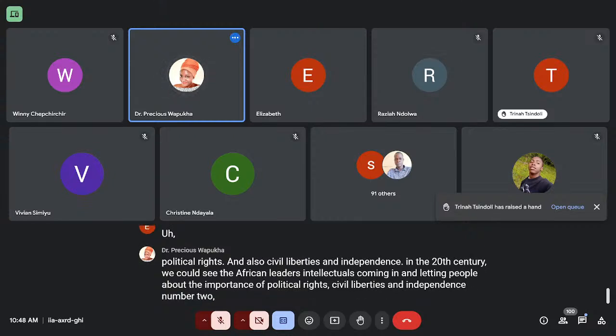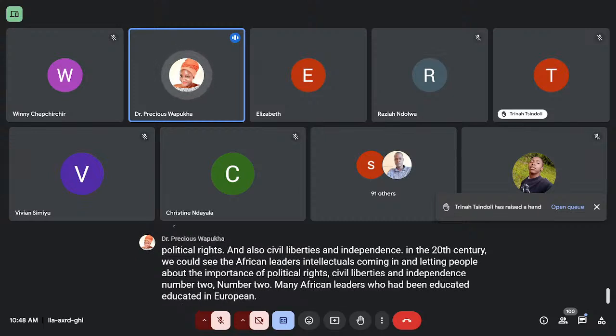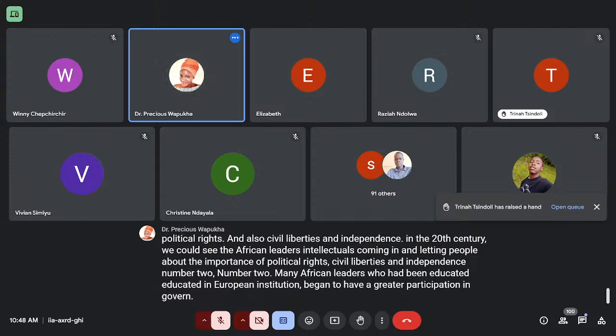Number two, many African leaders who had been educated in European institutions began to have a greater participation in governance and later on in the independence movement.